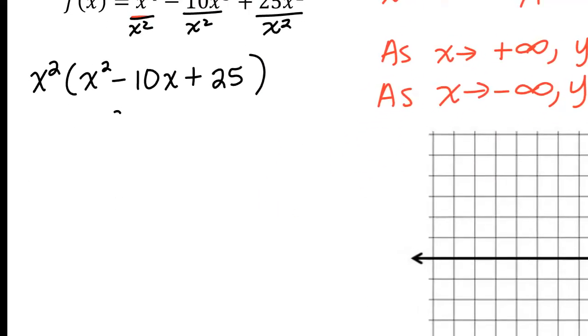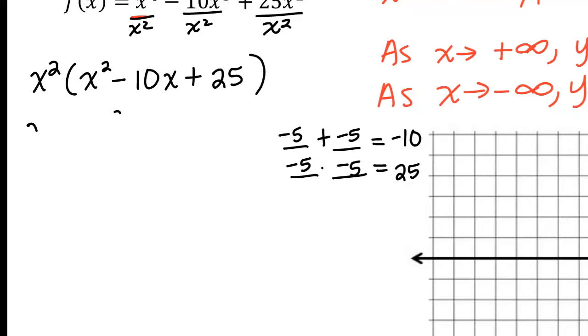So remember, for trinomials, we look for blank plus blank and blank times blank. This is the same one that we had for prior knowledge. It was a negative 10 and a positive 25. So what are those two numbers there? Negative 5 and negative 5.